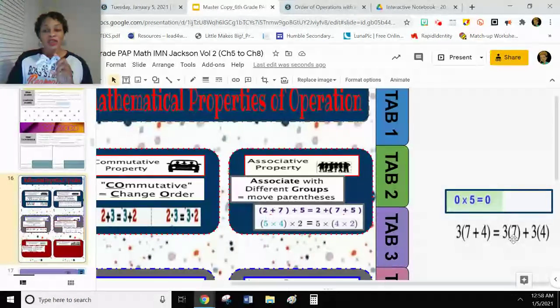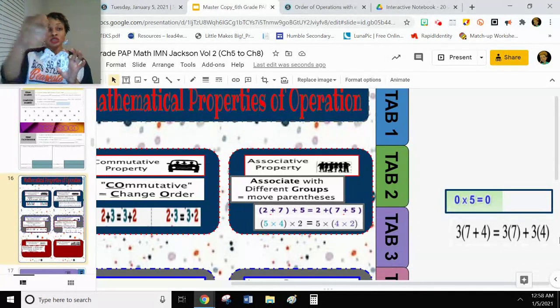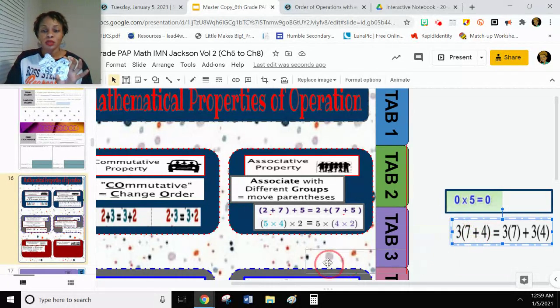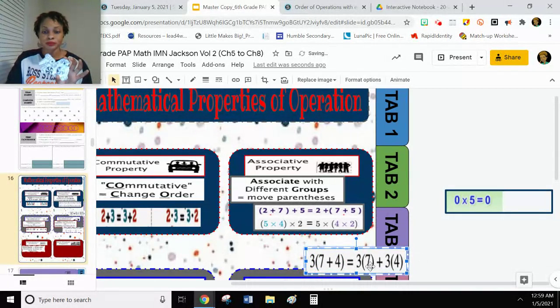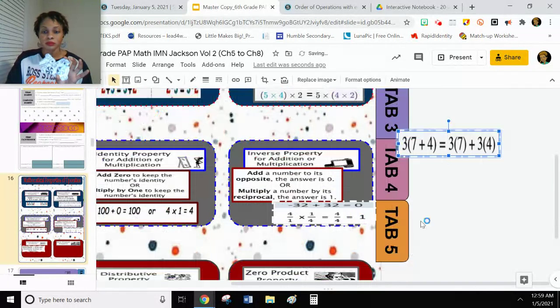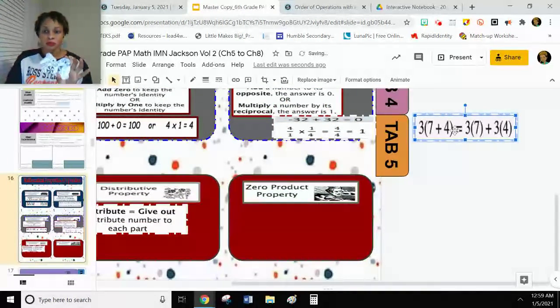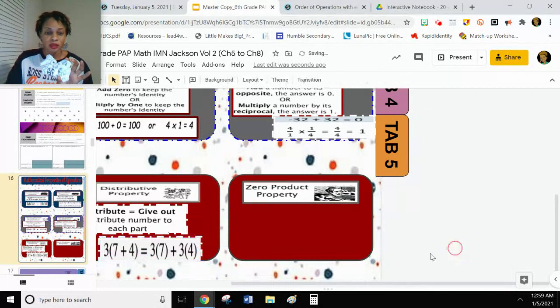It would be 3 times 7 plus 3 times 4. That 3 is being distributed to everything inside of the parentheses. And you'll get more practice and see this more, but we just want you to know what it will look like, okay? So this is what distributive property will look like.